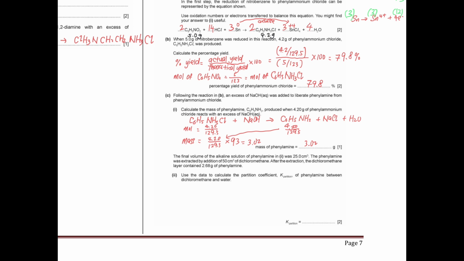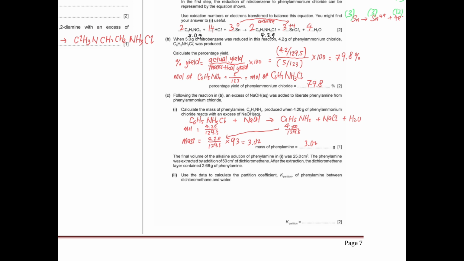Okay, this one, the final volume of the alkaline solution of phenylamine in part 1 was 25.0 cm3. That is the volume of the alkaline solution, because you add NaOH to it, right? So that's why it's alkaline solution. So it's 25.0 cm3.